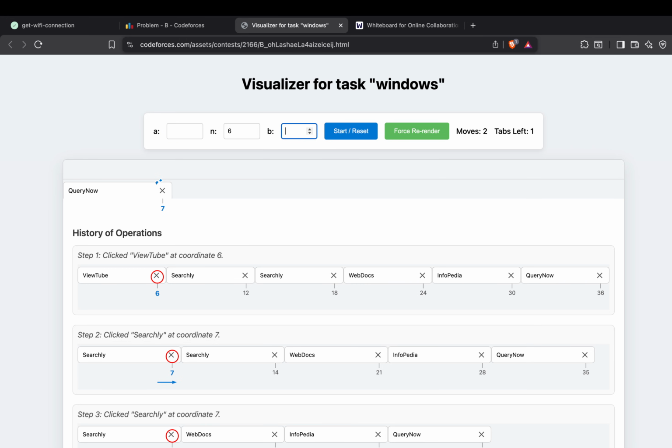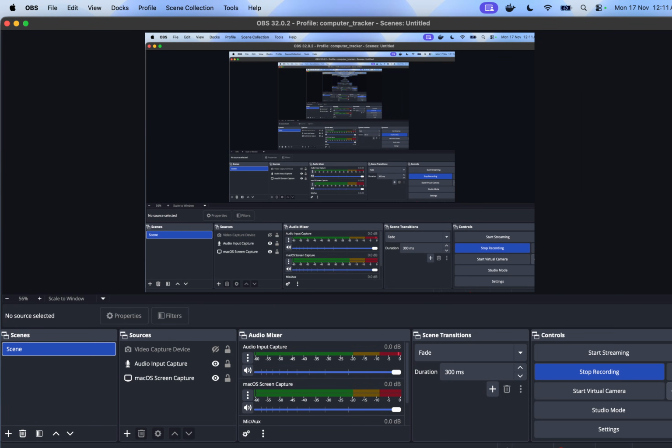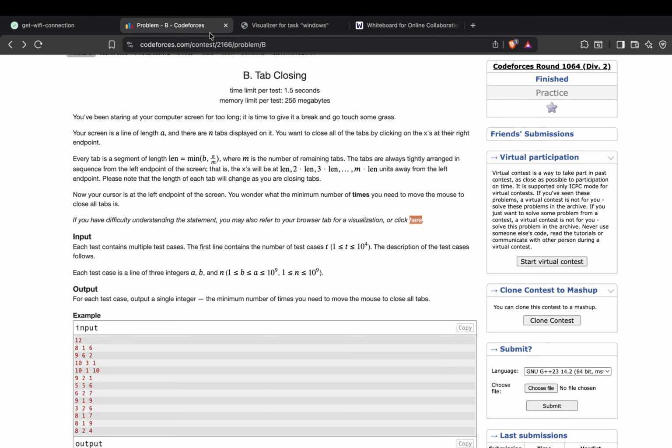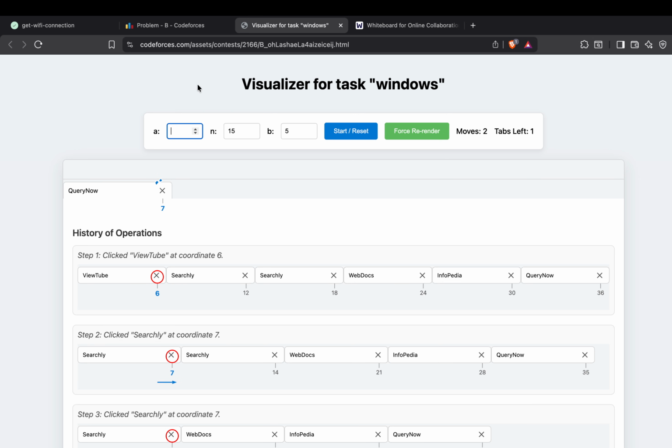If we keep n a bit larger, let's say 15, and the length of B is let's say 5, and A is the total length of the screen.